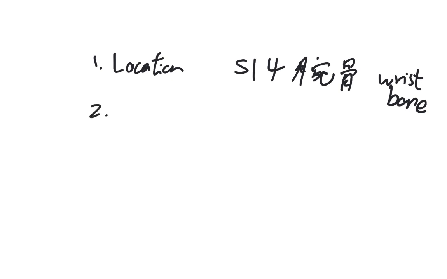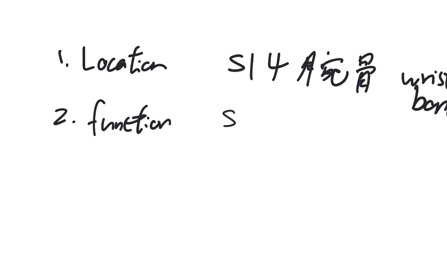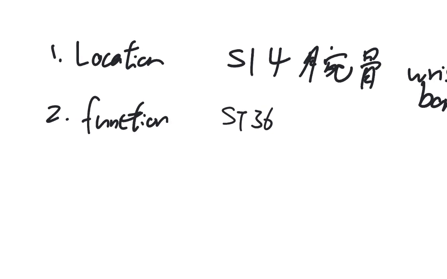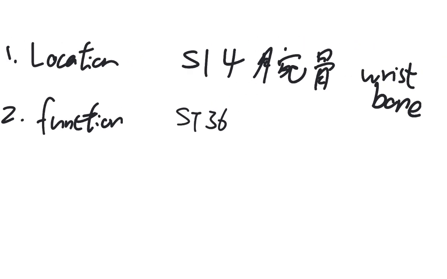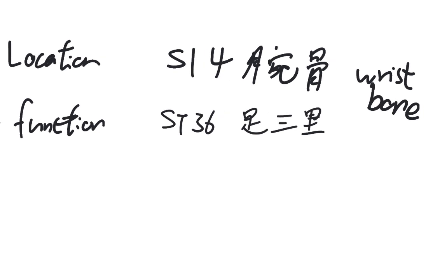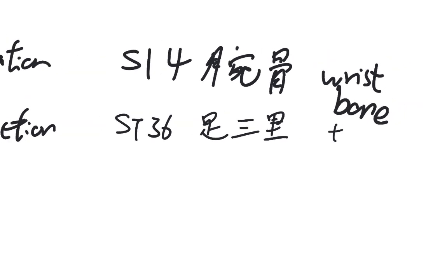Second one, it tells us the function. For example, stomach 36. Stomach 36 is called 3 miles.